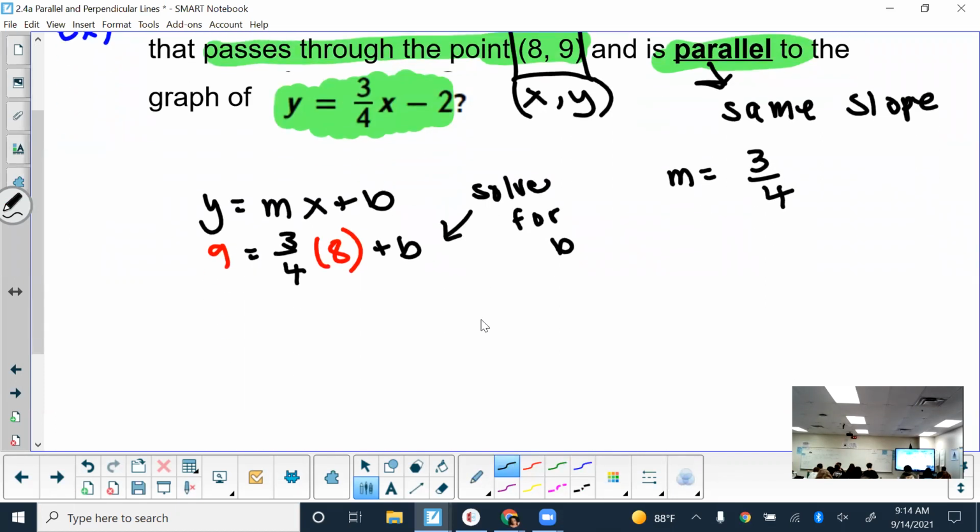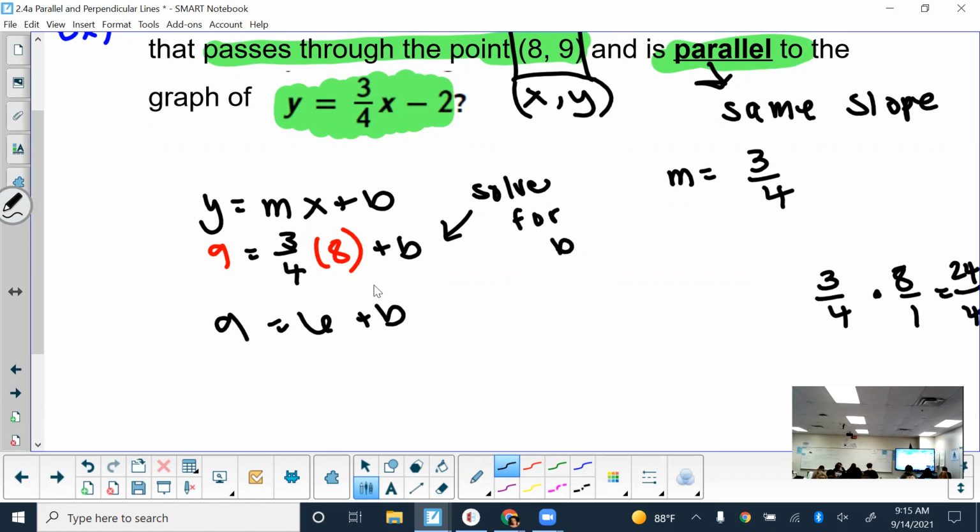So now start simplifying. What's 3/4 times 8? You can use a calculator, or you can do it by hand. One part at a time, what's 3 times 8? And then 4 times 1. And then 24 divided by 4 is 6. So 6 plus b equal to 9.